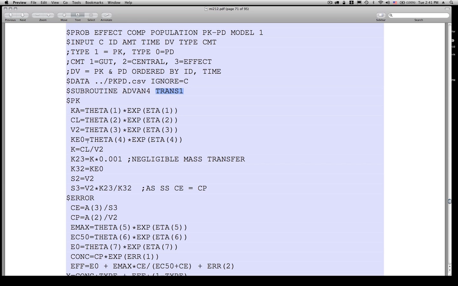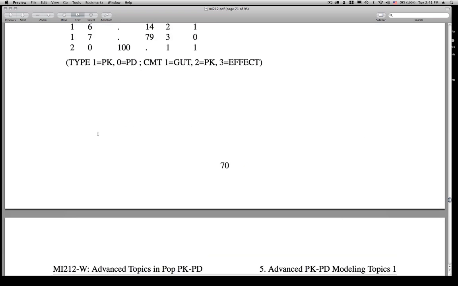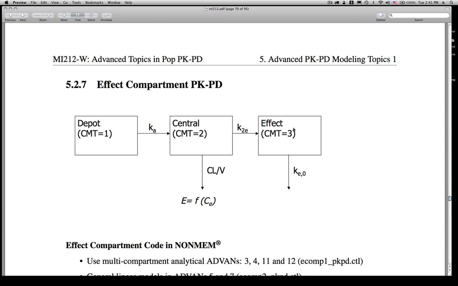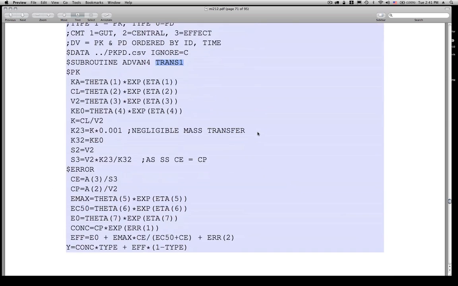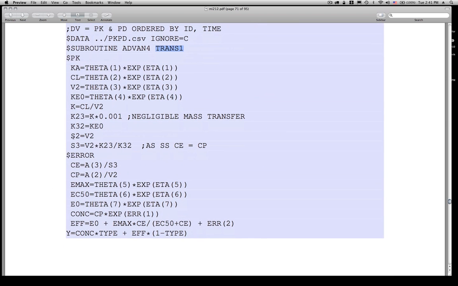We have a Ke0, which is, remember, the first order exit rate constant describing the time course for the effect compartment. We have a volume of distribution for the PK observations. That's S2, the scale, and it's equal to the central compartment volume.